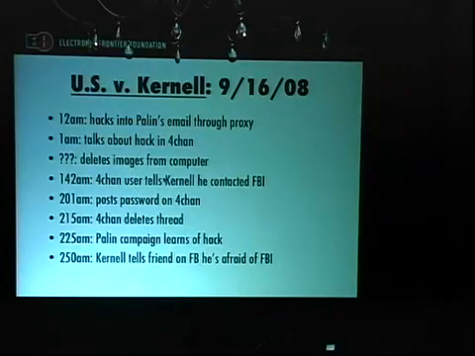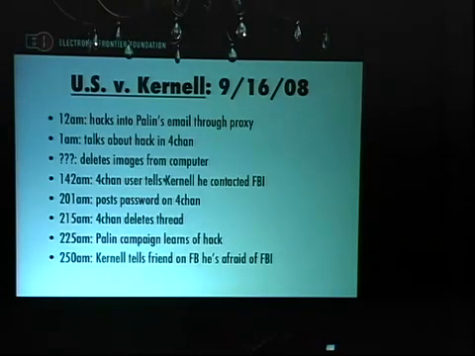Basically, I think he downloaded a picture of Bristol Palin and saw some email back and forth that was nothing really remarkable. But he downloaded some of that information, took some screenshots, downloaded the pictures. At some point, though, he deleted that information, okay? Now, we don't know the exact timing of when that happened, but it was very early on in this process.